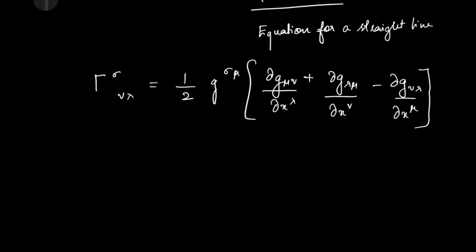Now, g mu nu is the gravitational potential.